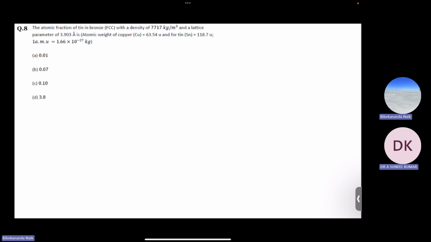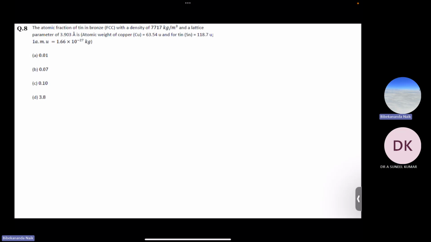That's why in that case 4R was equal to a, but here it is not. It is 4R plus 4R equals root 3a. That is the main difference between the sodium chloride and the zinc blend structure.